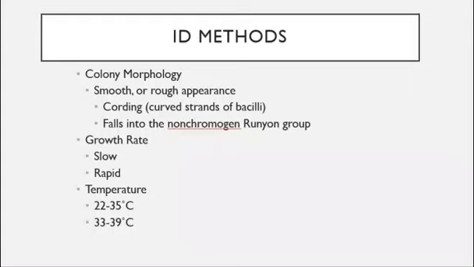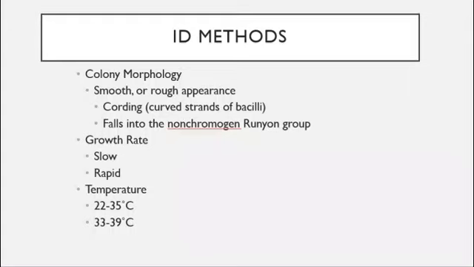And they also can fall in a Runyon category group. Runyon is a classification system of nontuberculous mycobacteria based on growth, pigment, how pigment will change when exposed to light, and we'll discuss these categories a little bit later on.